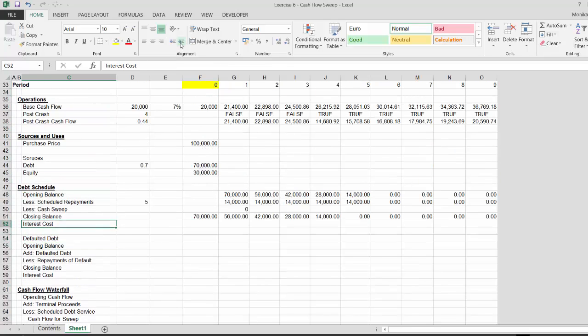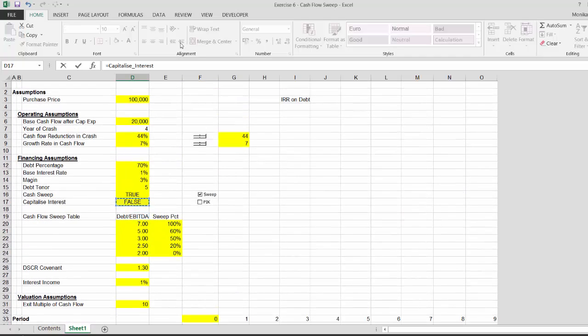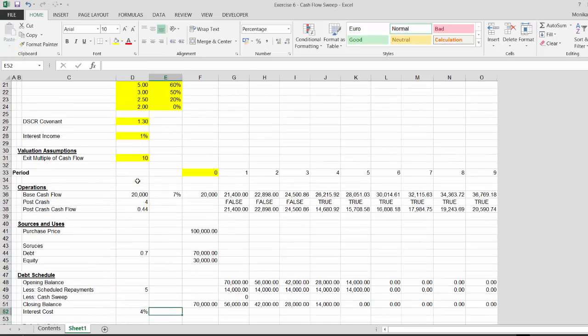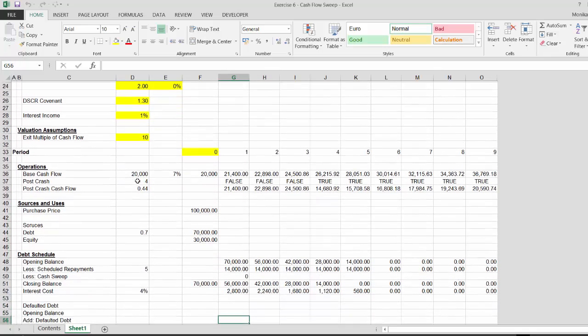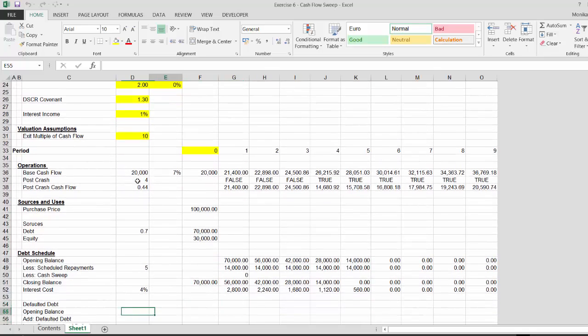Okay, and then the interest cost, well that's the interest rate plus the credit spread. So let's take the opening balance and multiply that opening balance by the number. Okay, and then we get the defaulted debt.